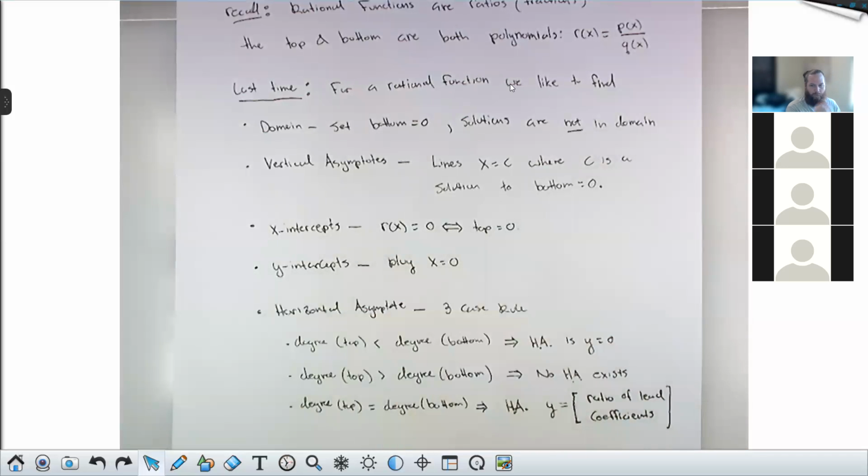So the top and bottom are both polynomials, which means they have degrees, so that's why we can compare the degree of the top and the bottom.